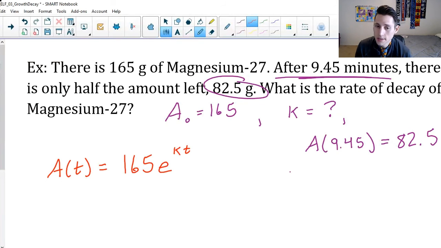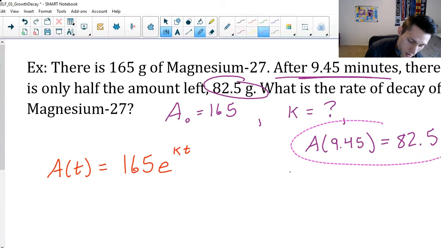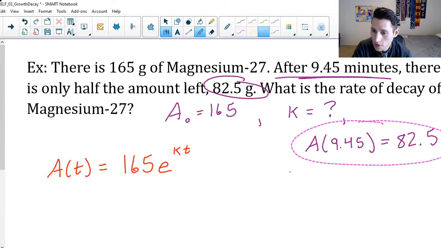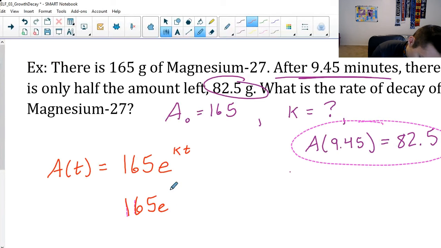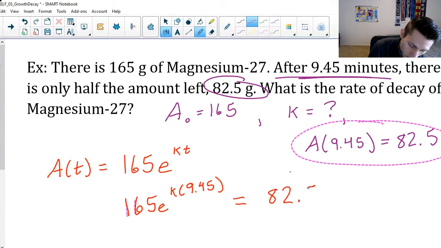But that's all right, because I know that after 9.45 minutes there will be 82.5. So if I take this equation and plug in 9.45, then it should be equal to 82.5.